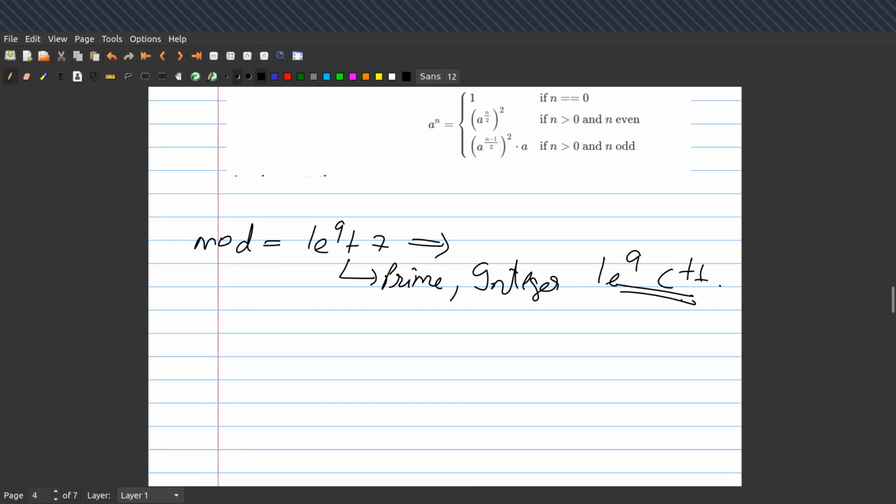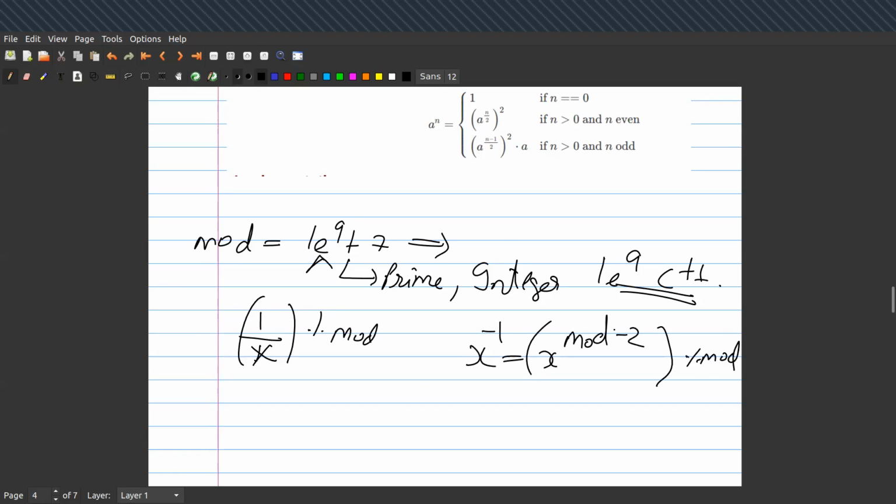So there will be a case where you will have to give the final answer as 1 by x mod this prime number. For that you will have to find x inverse, which is equal to x to the power mod minus 2. Sorry, not mod minus 1, it's mod minus 2.